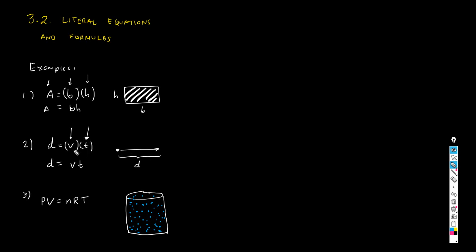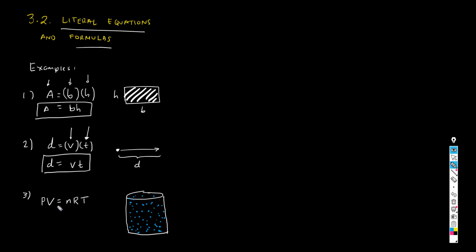When these two quantities increase, the distance traveled by this particle will obviously increase. And what is the relationship between the distance, the velocity, and the time of this object? Well, the distance is equal to the velocity times the time. So this is also a literal equation or a formula. It's basically the same, okay? We can actually think of these two terms as synonyms.